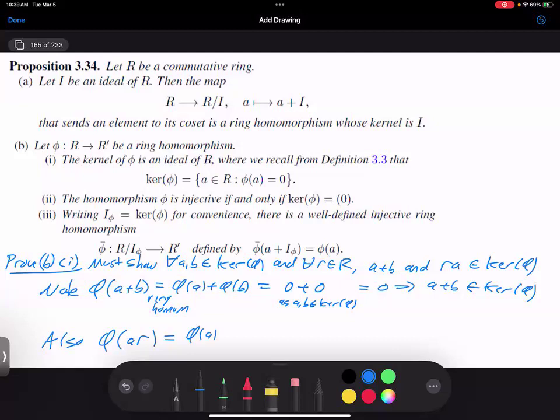So that's phi of A times phi of R, as it's a ring homomorphism. And phi of A is just 0 times phi of R, and that's just going to be 0. Therefore, A times R is in the kernel of phi. And again, I can be careless because it's commutative.